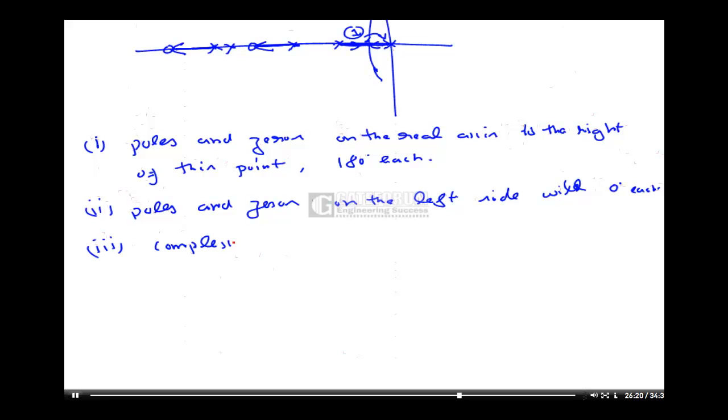Complex conjugate poles will contribute an angle of 0 degrees. There is no right hand side or left hand side; complex conjugates will always contribute an angle of 0 degrees.